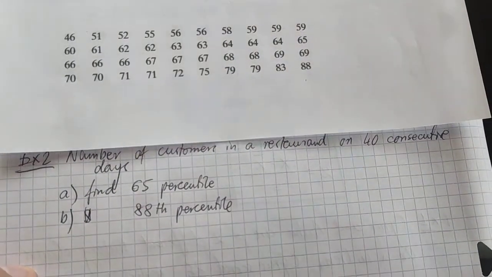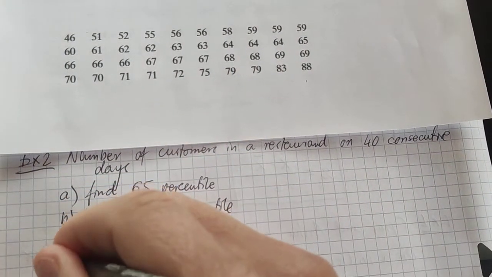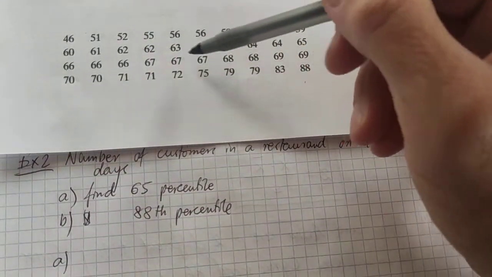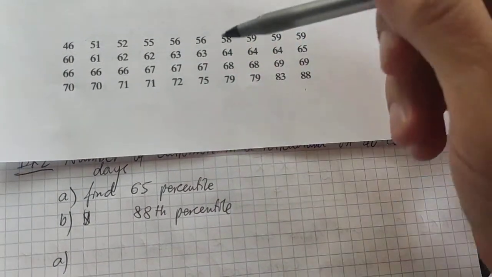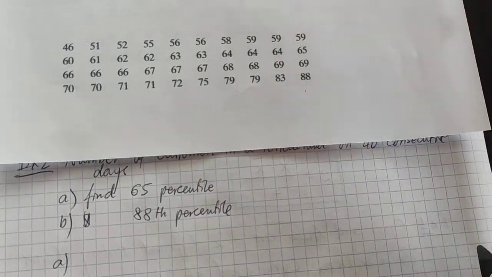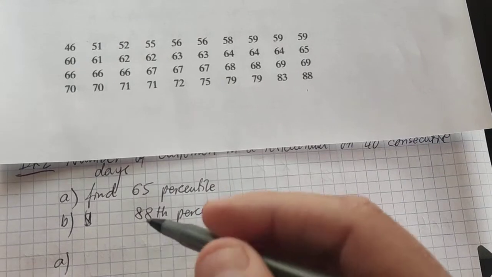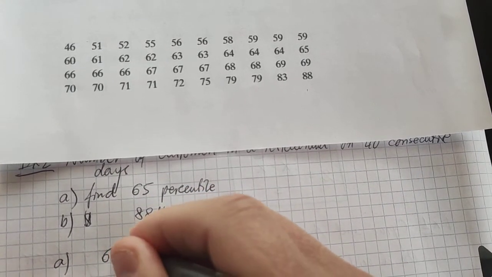In other words, we just calculate 65% of 40. We'll find which of those values is the 65% of 40.